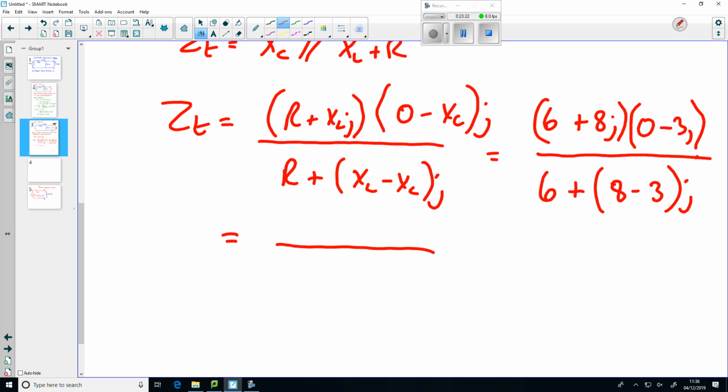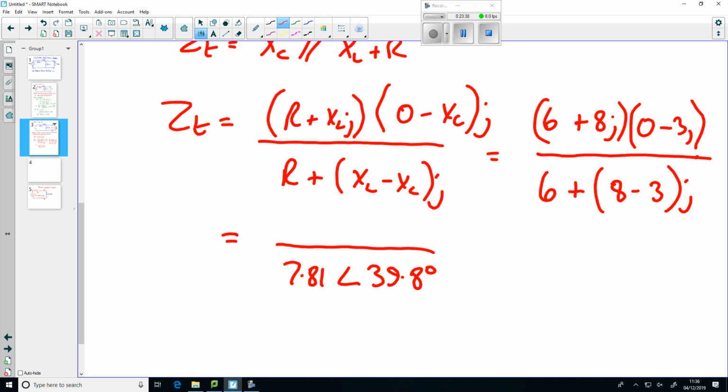That was the total impedance series wise, 7.81 angle 39.83. So we already calculated that.